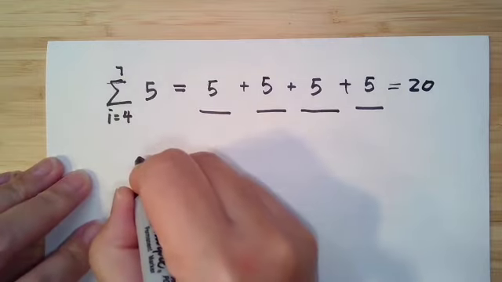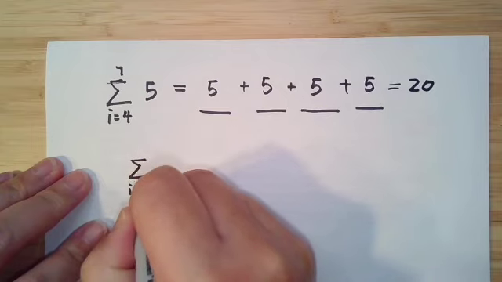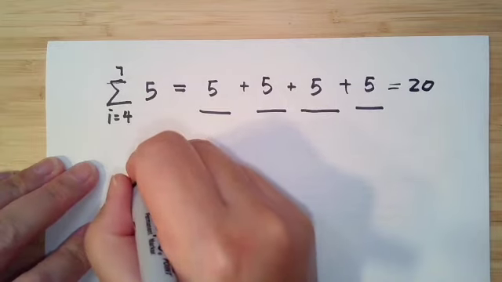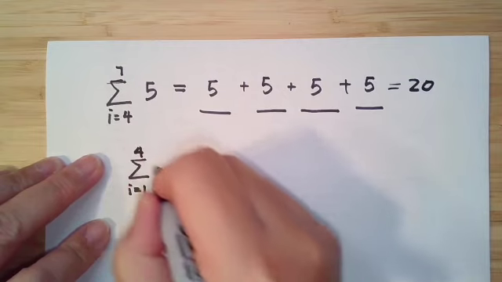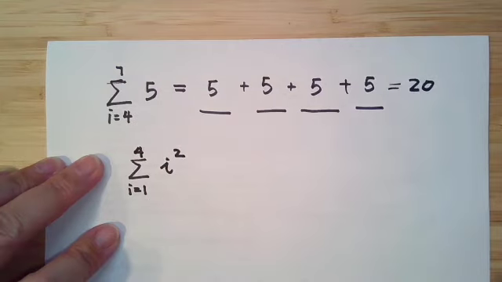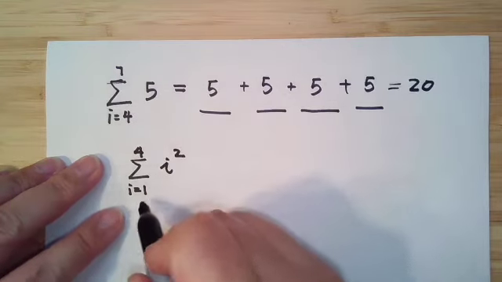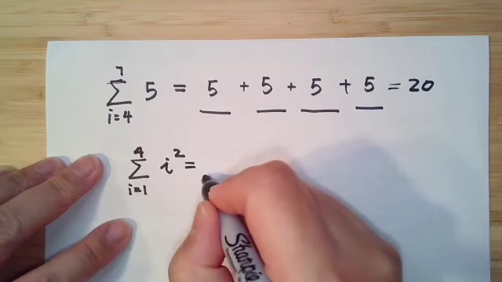Okay, what about this one? Just give you one more exercise. i goes from 1 to 4, and i square. Can you do this? That means i goes from 1 to 4, so I know I need to add 1, 2, 3, 4.